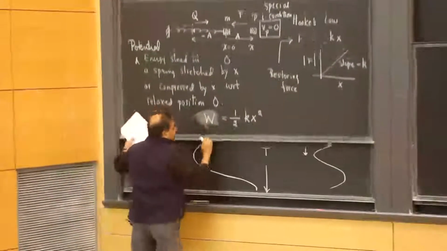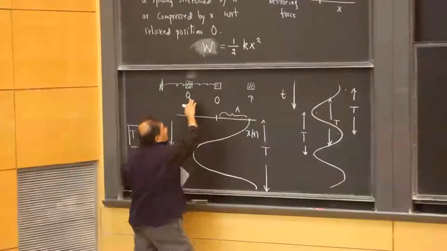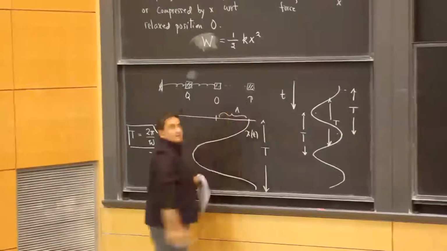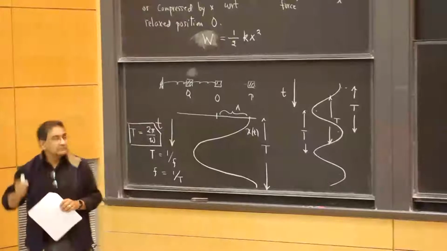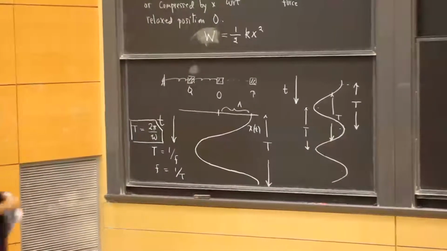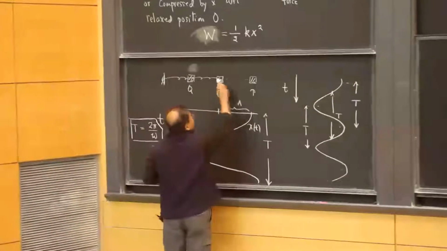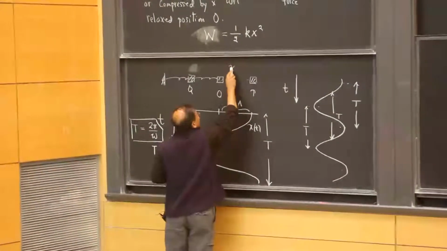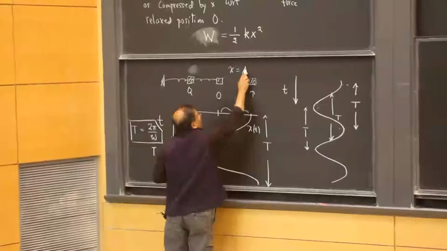Okay, now observe something interesting. We are starting this at the point P when it has been stretched by the amplitude A, right? I said this is amplitude A, so x equal to A, and velocity is 0.